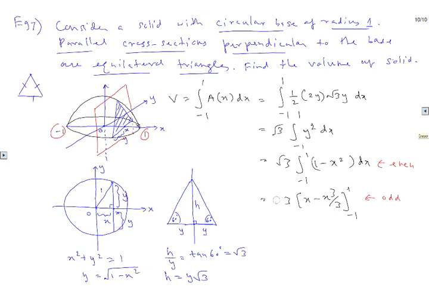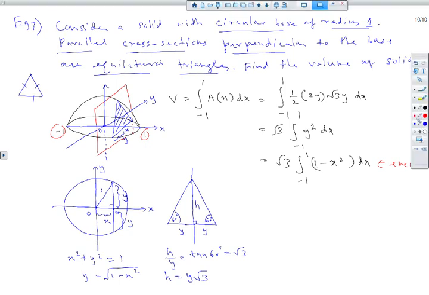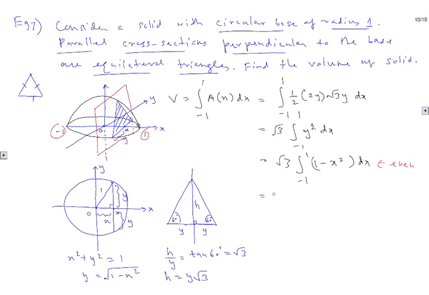Or let's erase this part. You can see, since this is an even function, what's going to happen? It's from negative a to a of an even function, so it is twice the integral of half, going from 0 to 1 of 1 minus x squared, because this way it is easy.